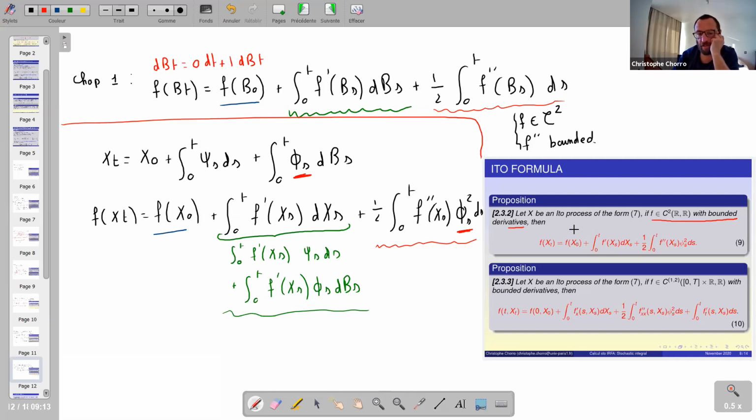This is my first remark. Second remark: I have some regularity condition for f and also some integrability condition for the derivatives. I want the derivatives to be bounded. Why this hypothesis, which is really strong? Because I suppose that f is of class C2 with bounded derivatives.